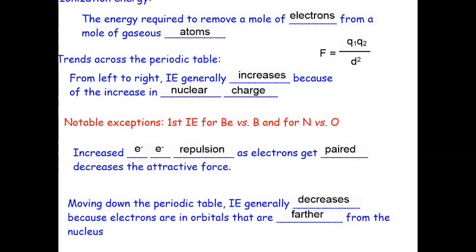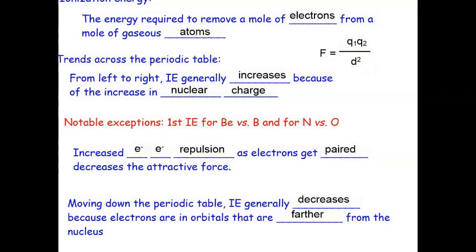Moving down a periodic table, ionization energy goes down because the electrons are in orbitals that are farther from the nucleus. So if you look at a periodic table, you'll see that removing an electron from a 2s takes more energy than removing from a 3s, which takes more energy than a 4s, because the force of attraction is related to the distance squared.